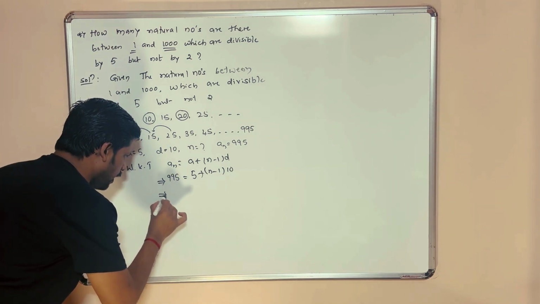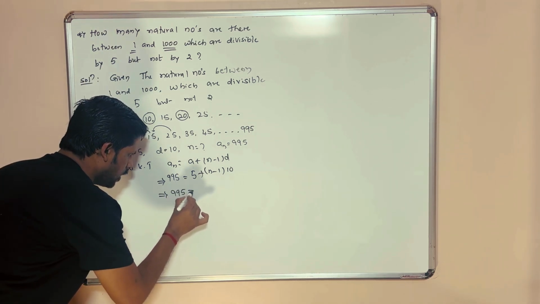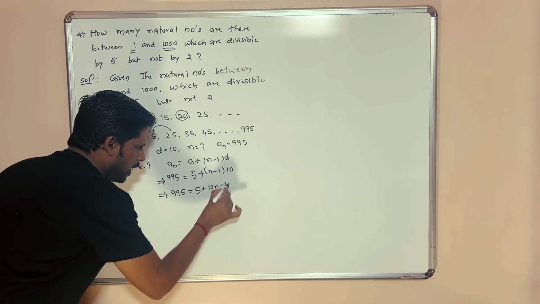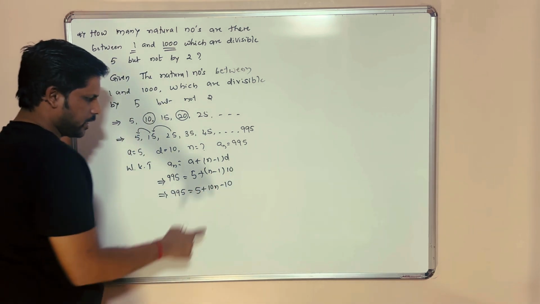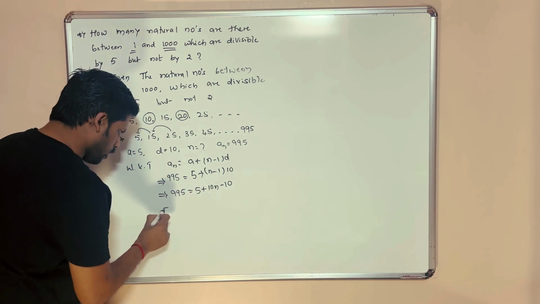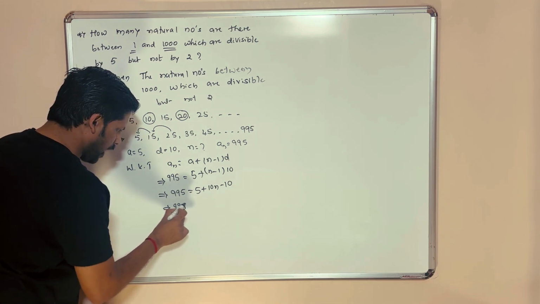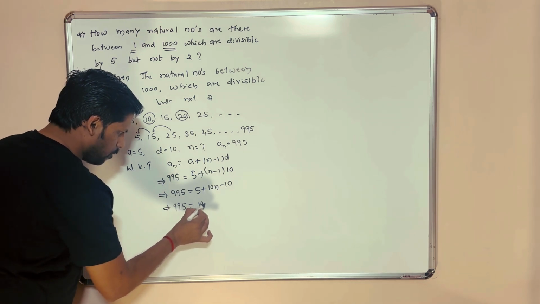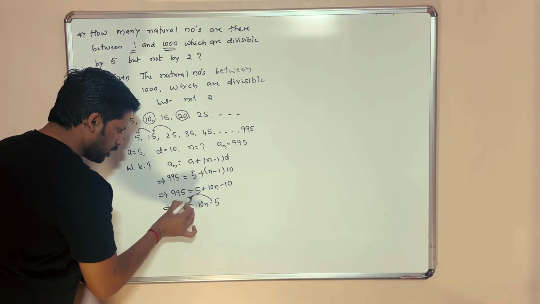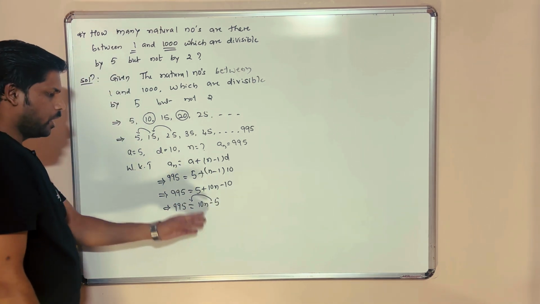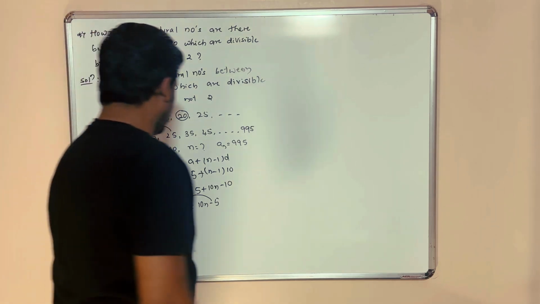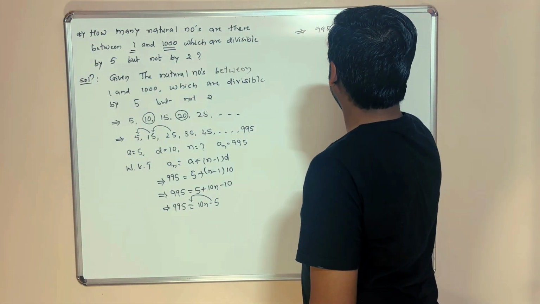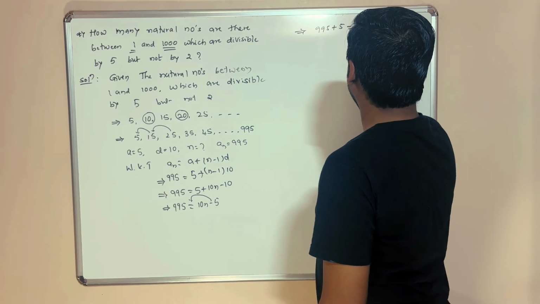Now remove the bracket and simplify. We get 995 is equal to 5 plus 10n minus 10. Add these two: 995 is equal to 5 minus 10, that is minus 5, plus 10n. Now take this minus 5 to LHS, it becomes positive. So 995 plus 5 is equal to 10n.